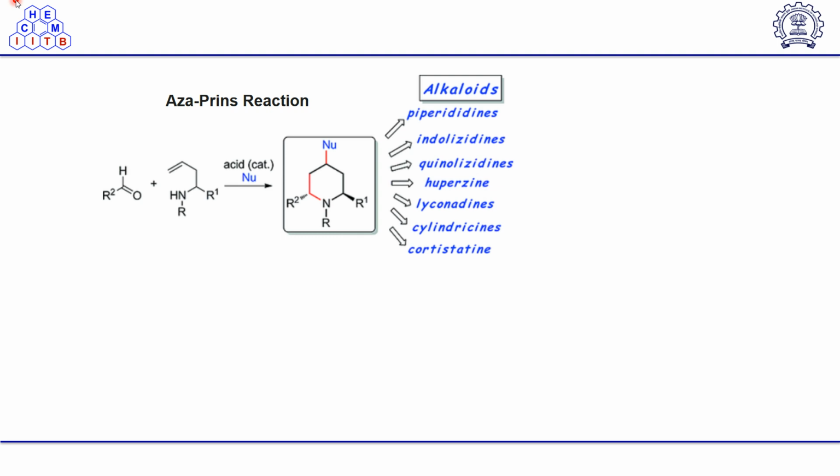In the case of the aza-Prins reaction, we will be using this nitrogen analog, and this kind of nucleus is present in alkaloids like piperidines, indolizidines, quinolizidines, huperzine, lycopodines, cylindrospermopsin, and cortistatin.